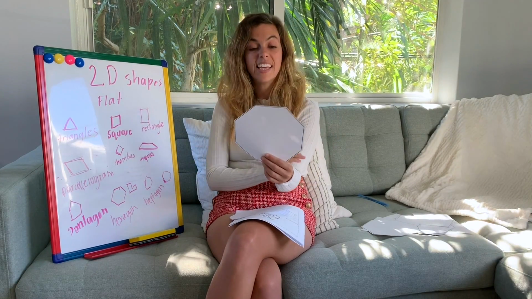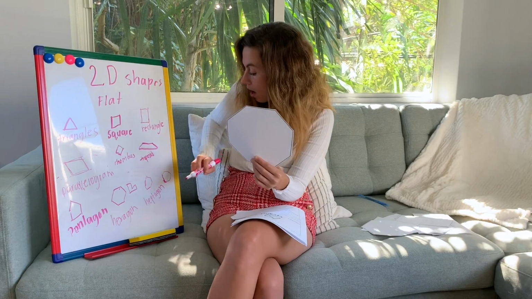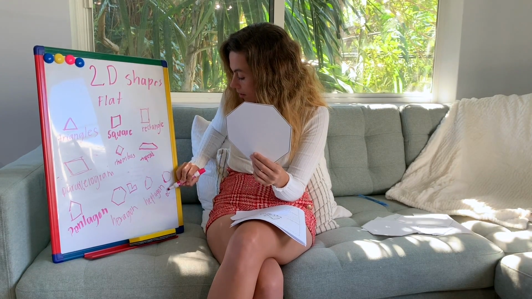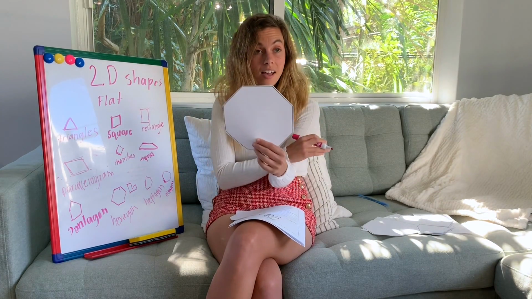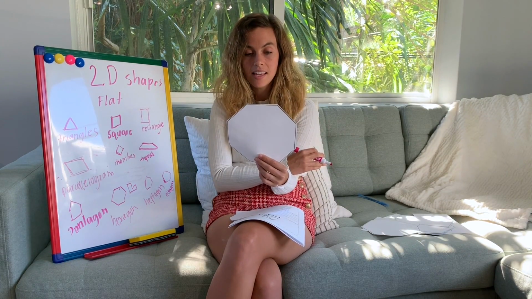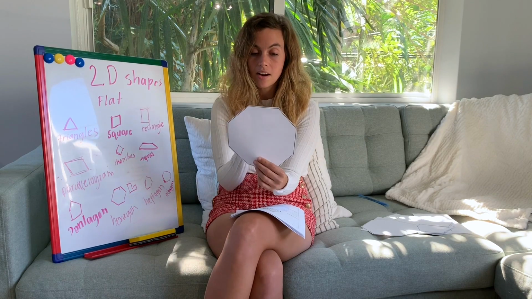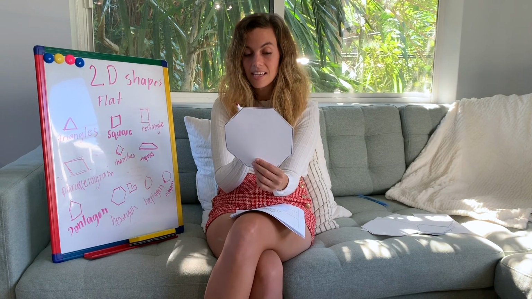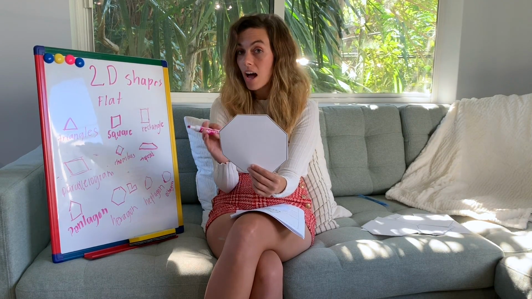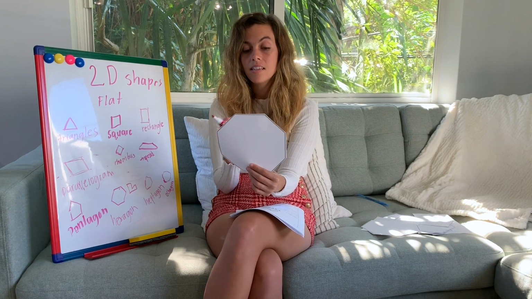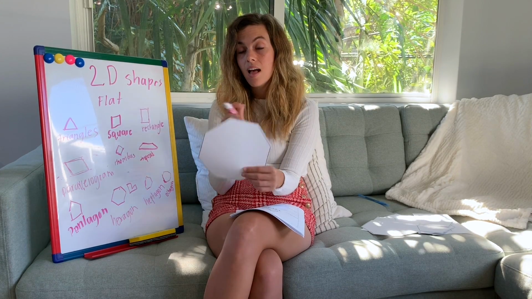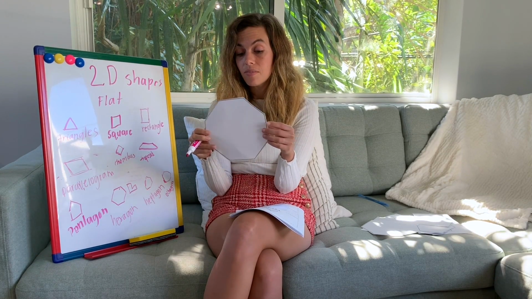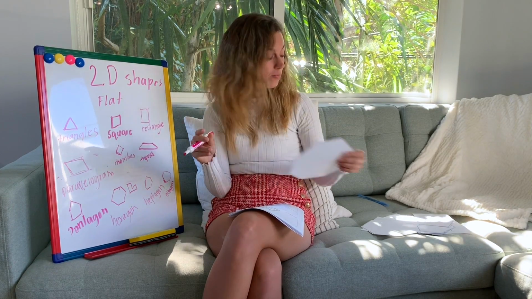And this is called an octagon. An octagon has 8 sides. Some examples of an octagon are a stop sign, 8 sides. Sometimes clocks can have 8 sides. Sometimes trampolines, if they're not a circle, can have 8 sides.